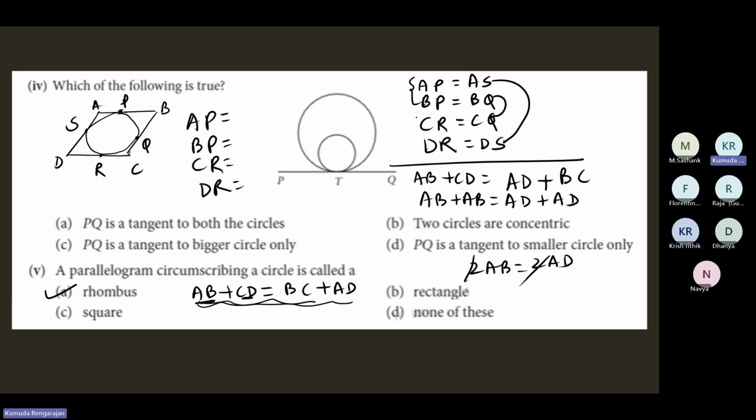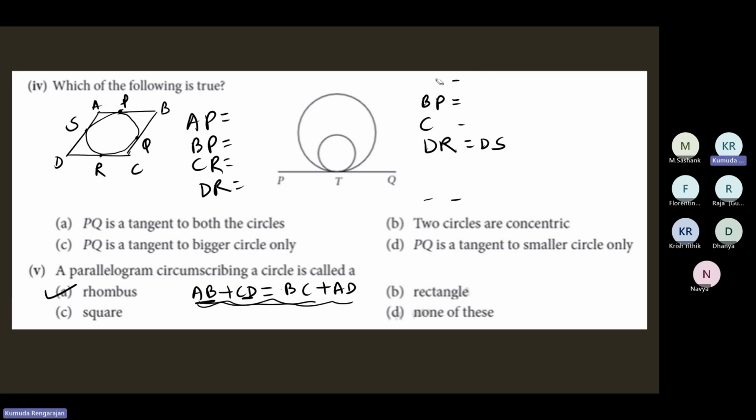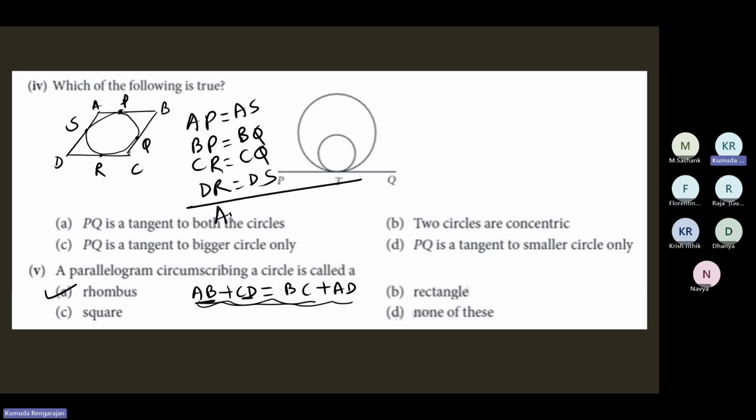So AP is equal to AS, and so on. So on adding, you will get this result. AB plus CD is equal to, when you add these two, you get BC. When you add these two, you get AD.